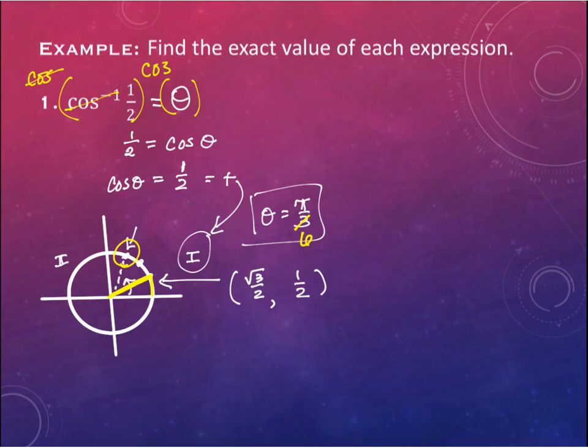It was correct in the notes to begin with from before. So it should be right here. This one right here would be, I'll just do it in yellow, 1/2 and then square root 3 over 2. And the cosine value is the x value. Yep, you're right. And sine is the y value. So cosine is my x value.